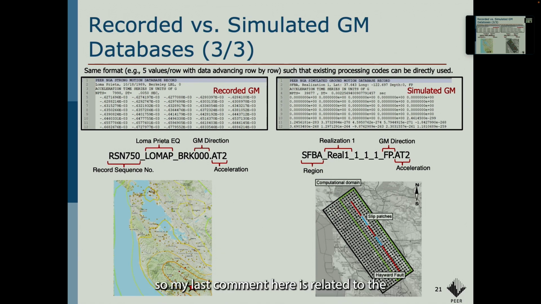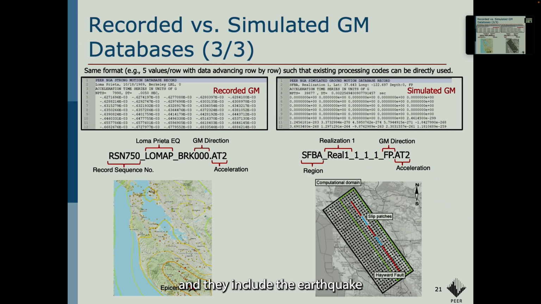My last comment is related to the data file names. For users who are processing the files with codes, it is always meaningful to have organized file names. In both NGA and the simulated ground motion data set, the file names are self-descriptive.